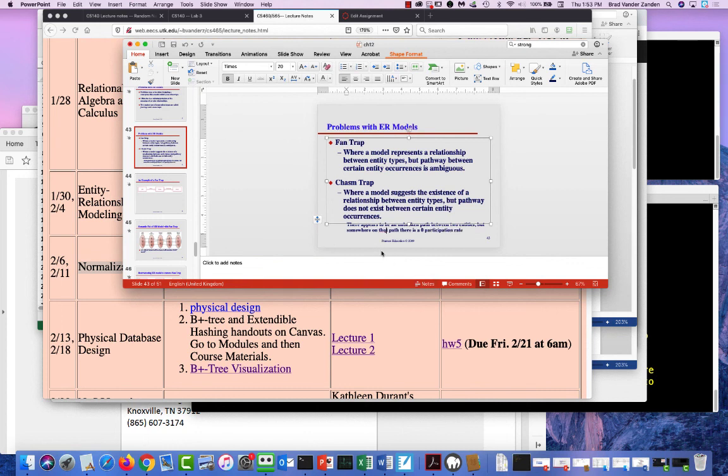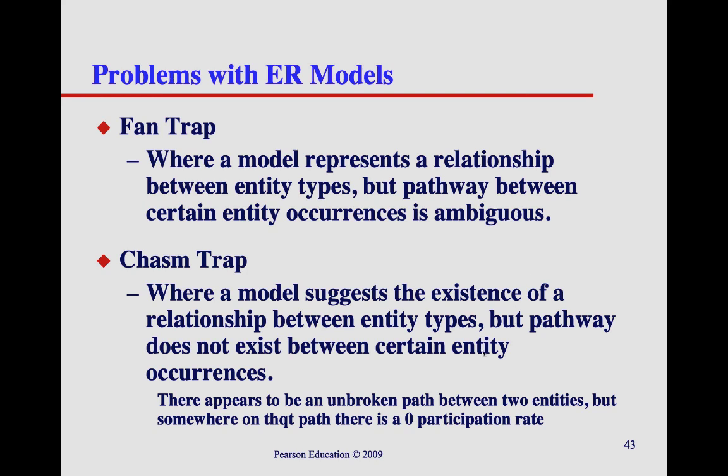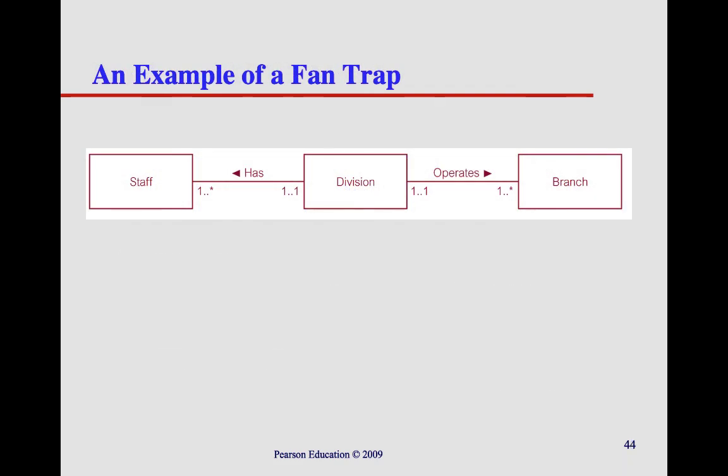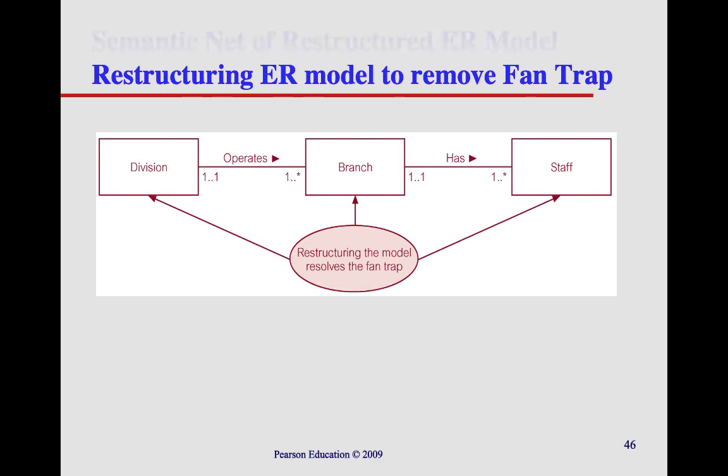Making that bigger so you can read it. There appears to be an unbroken path between two entities, but somewhere on that path, yes, I know I misspelled it, there is a 0 participation rate. Fixing chasm traps is a problem.